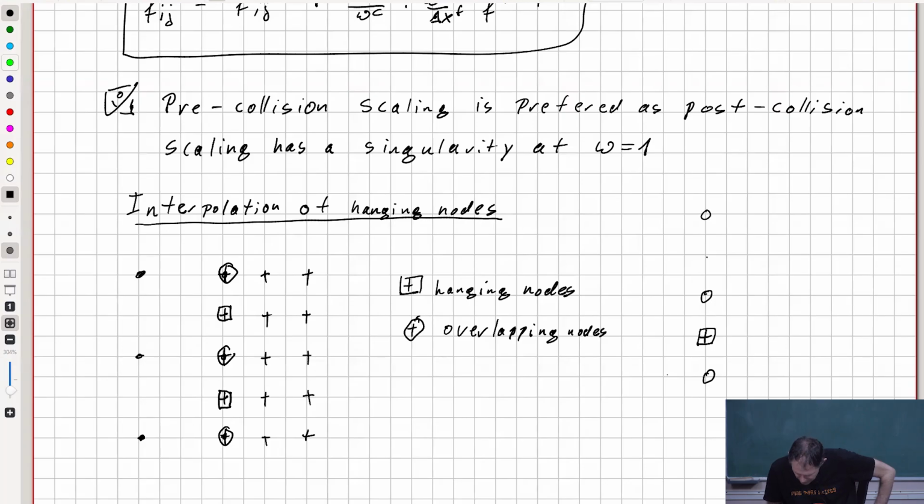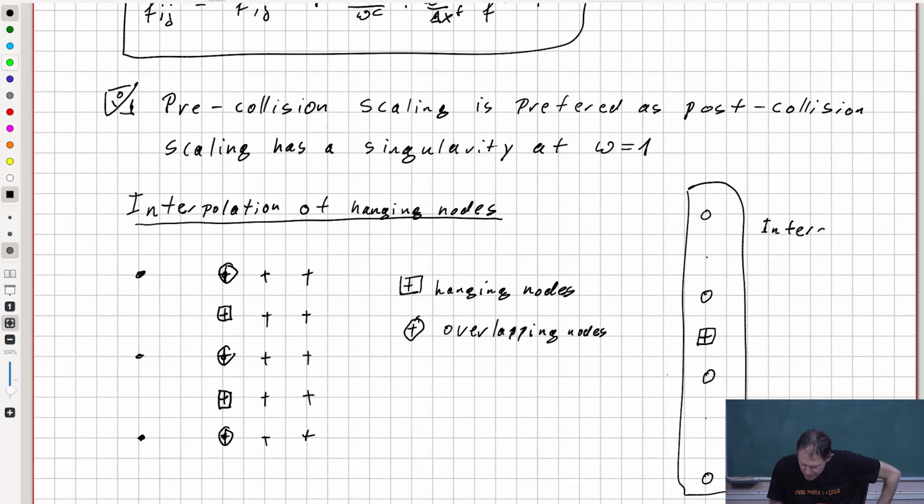We need to take the next two coarse nodes into consideration. So this is the interpolation stencil. Doing two things, namely we need quadratic interpolation.